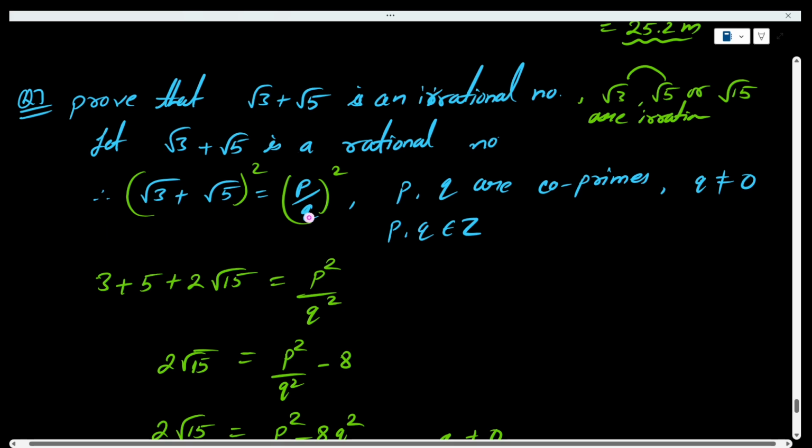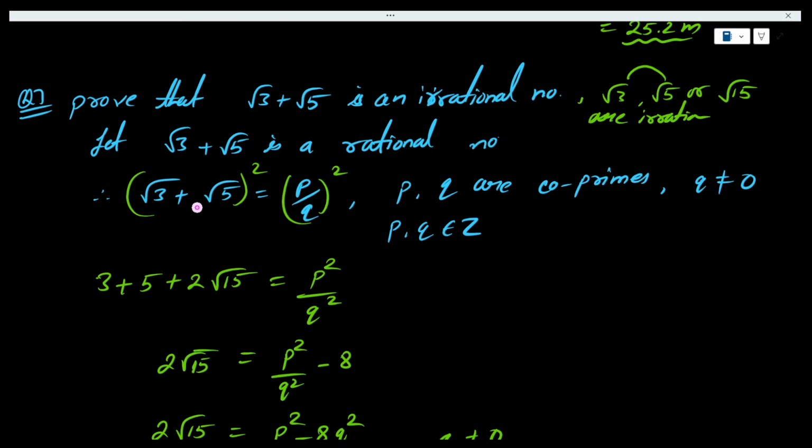Other than that, we have seen above the questions based on proving irrationality. Now if you take this, prove that root 3 plus root 5 is an irrational number. This is another type of question we'll have. How do we do it? Your steps are the same. First, we'll assume it is a rational number, which means it is equal to p by q.